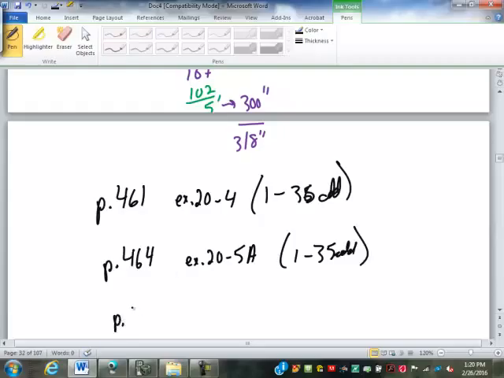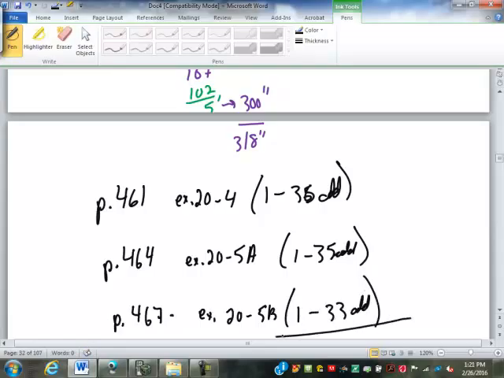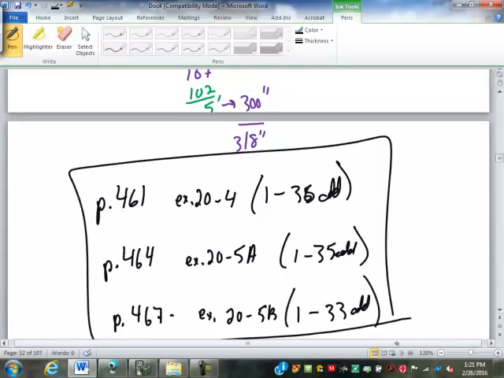And on page 467 through 468, exercise 20-5B, 1 through 33 the odds. As always, do some of the easy ones, skip ahead to the more difficult ones if they're going well, but there's enough there to practice if you're struggling.